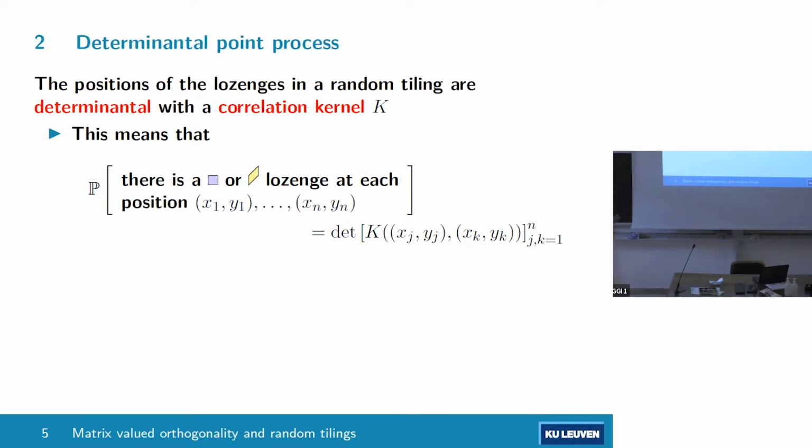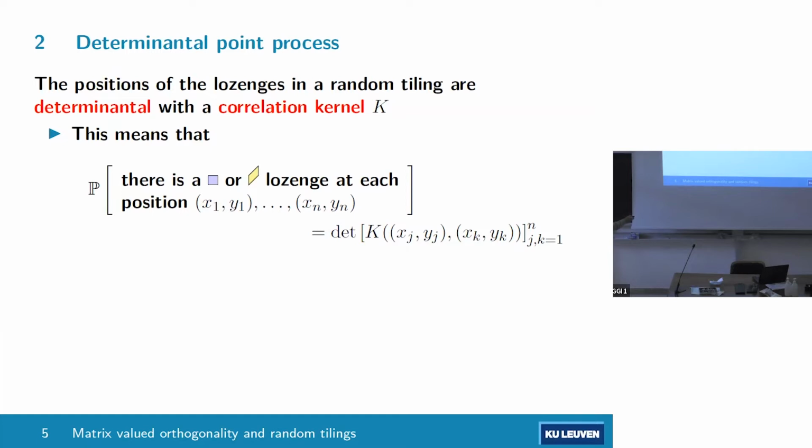That's an event that has a certain probability, and such a probability can be expressed as a determinant of a certain kernel. The K is called the kernel, the correlation kernel, and it depends on 2 variables, but each variable is a coordinate pair, so you see 4 variables in a way.